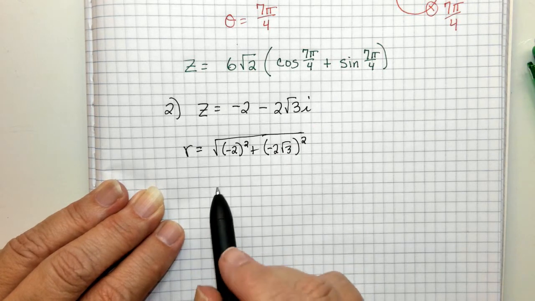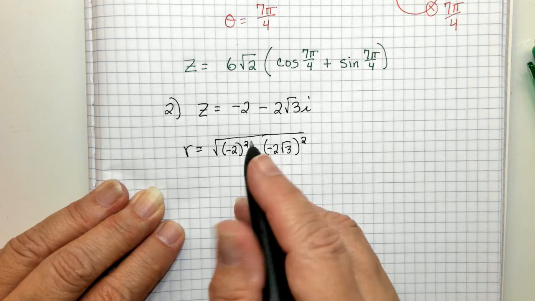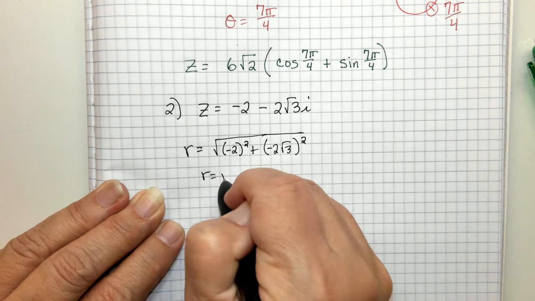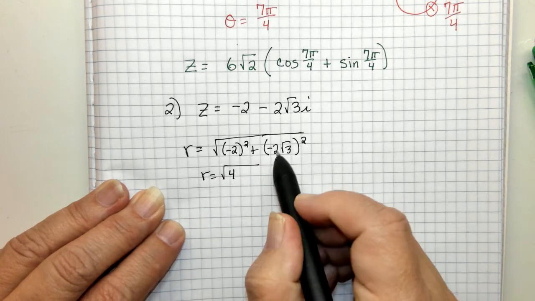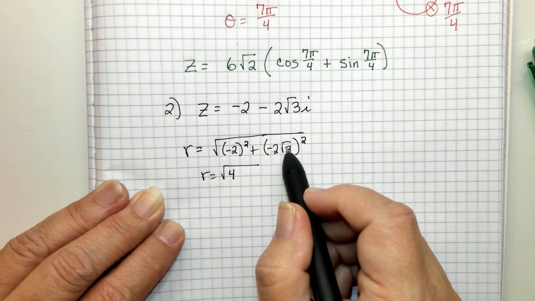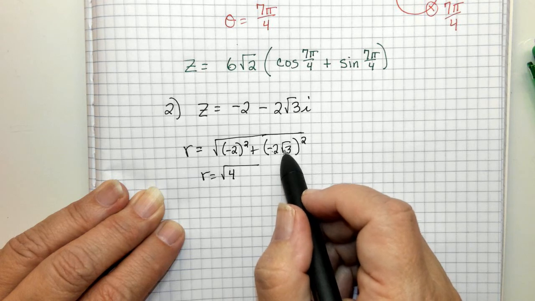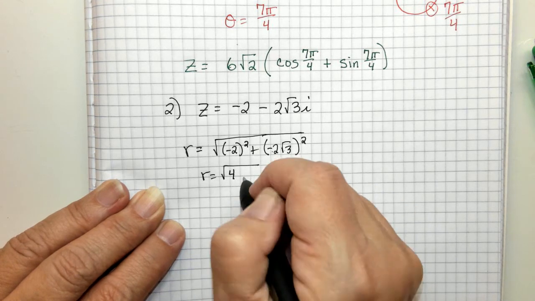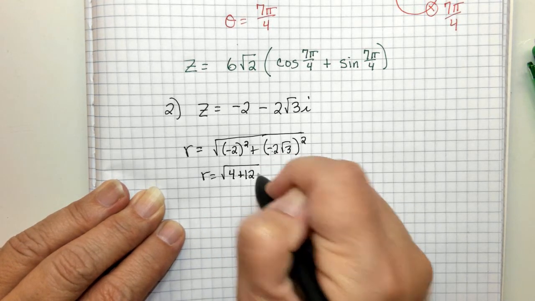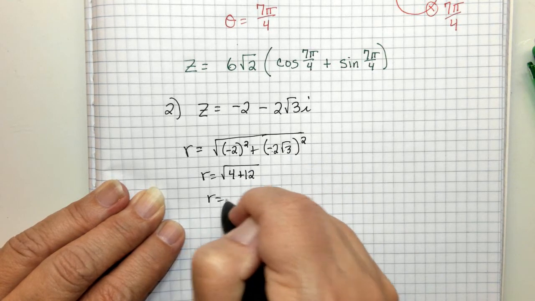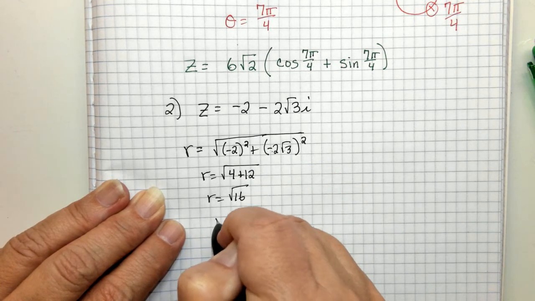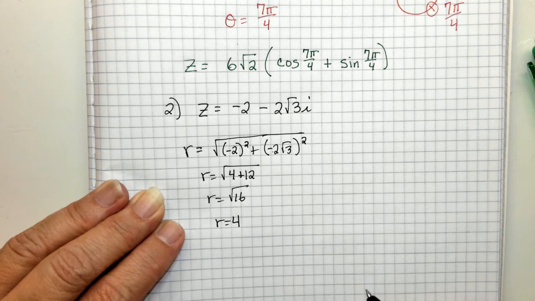So when you substitute in a and b for r, -2 squared is 4, and then -2 squared is 4, and the square root of 3 squared is 3, and 4 times 3 is 12. So then we get the square root of 16, which is 4.